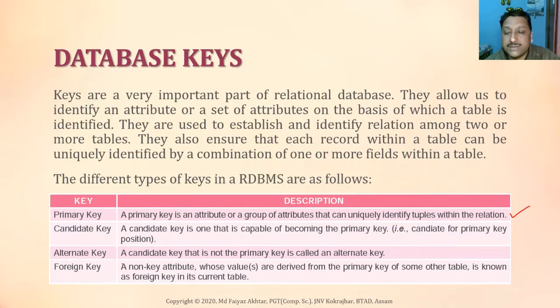An alternate key: a candidate key that is not the primary key is called an alternate key. And a foreign key: a non-key attribute whose values are derived from the primary key of some other table is known as a foreign key in its current table. These are the definitions of different types of keys. Now we are going one by one in detail.